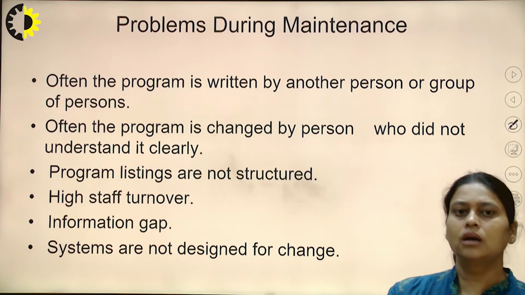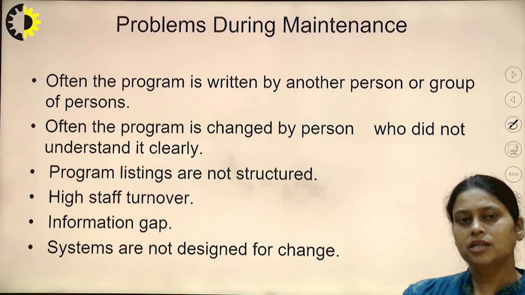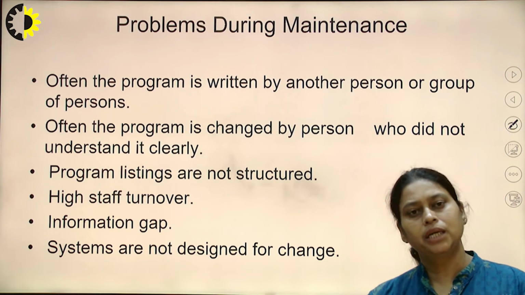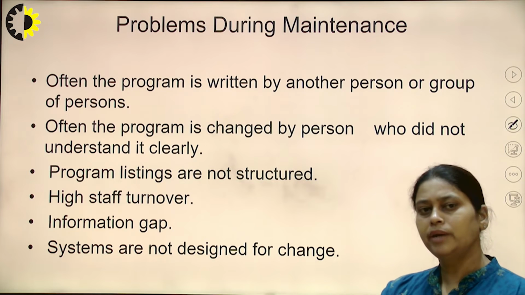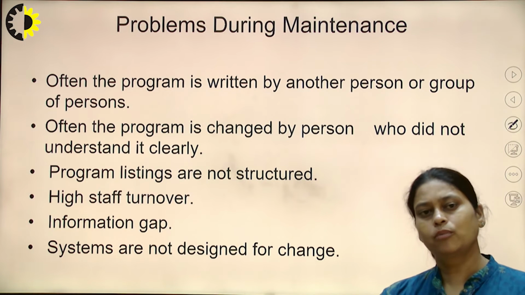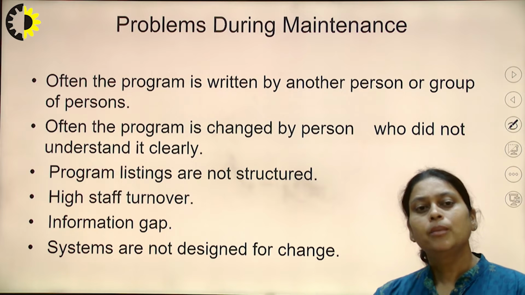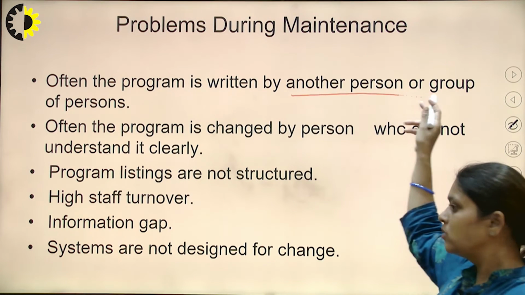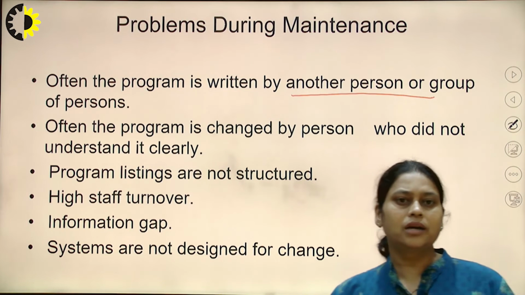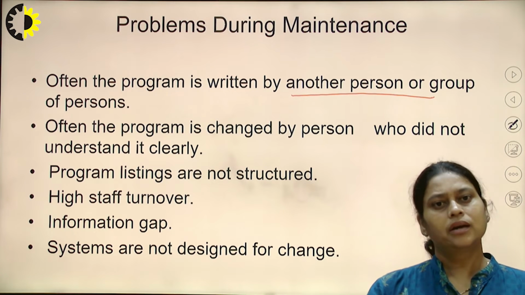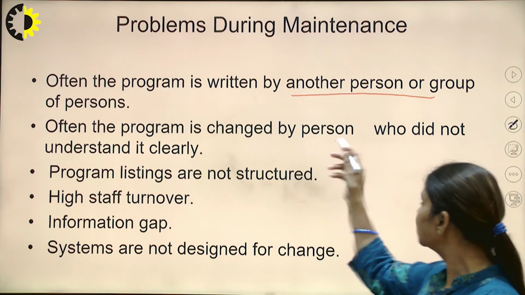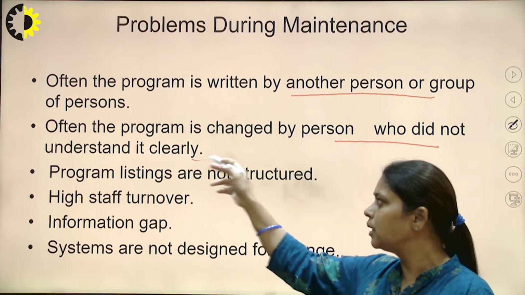This is one of the major problems during maintenance, because the program is developed by the development team and maintained by the maintenance team, and both teams are different. So it is difficult to correlate the developer team with the maintenance team.